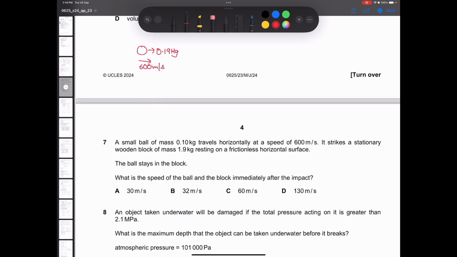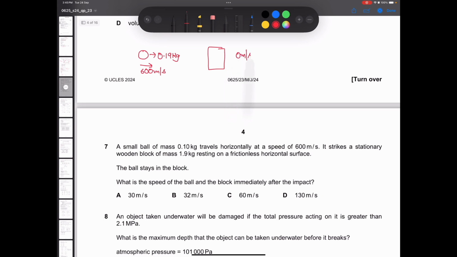Then there is a stationary wooden block, 0 meters per second is the velocity, and see, the wooden block is 1.9 kg, the ball is only 0.1 kg. Then it says that when they collide together, both of them start moving with a combined velocity.